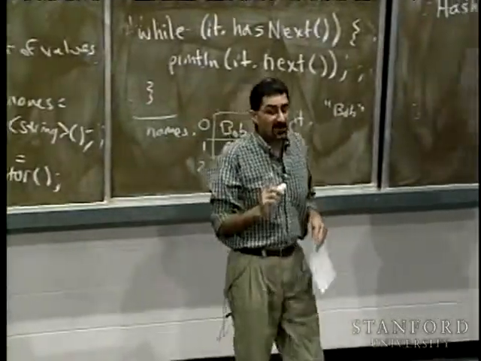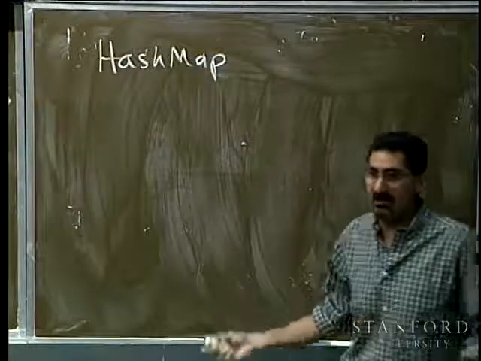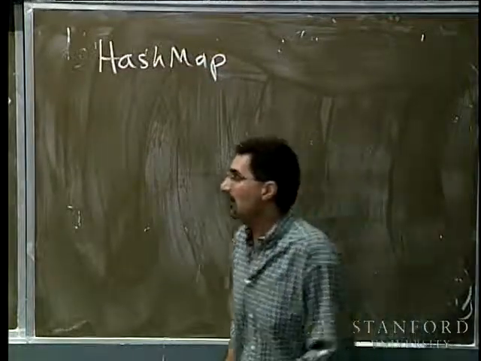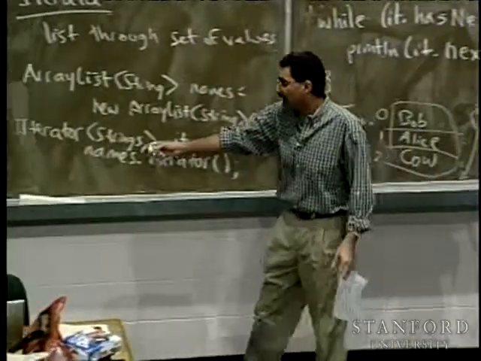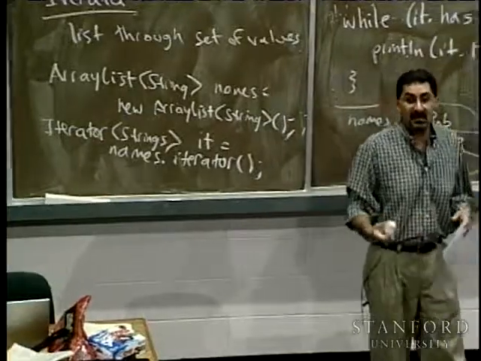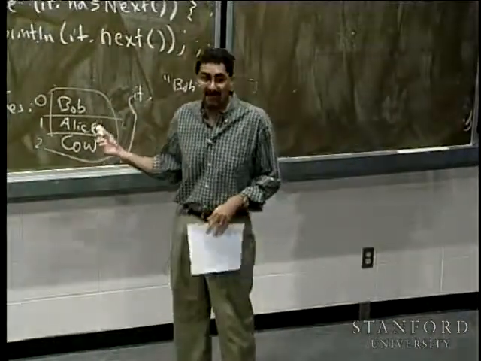And the reason why it doesn't provide you with an iterator directly is because if you were to say, hey, hash map, give me an iterator, it would say, but I store key value pairs. I can't give you an iterator over key value pairs because an iterator is only defined by one type. But what I can give you is a set of my keys, and that set of keys is a collection, so you can ask it for an iterator.